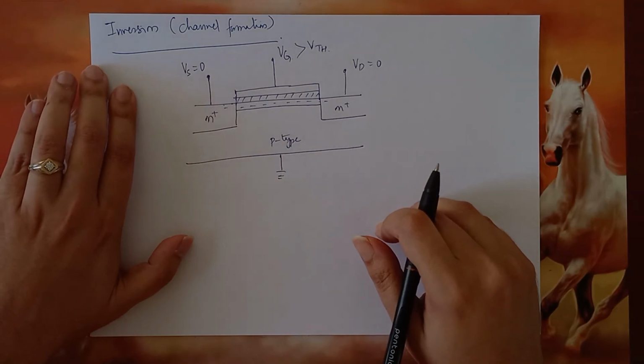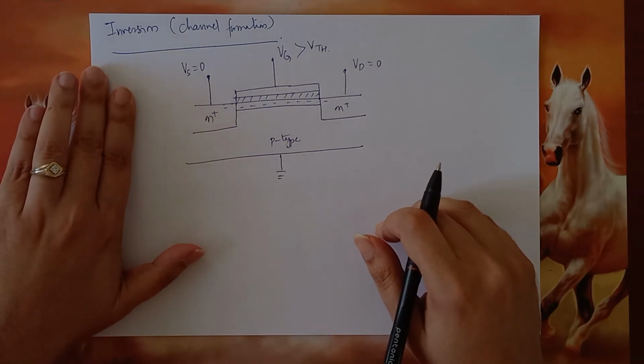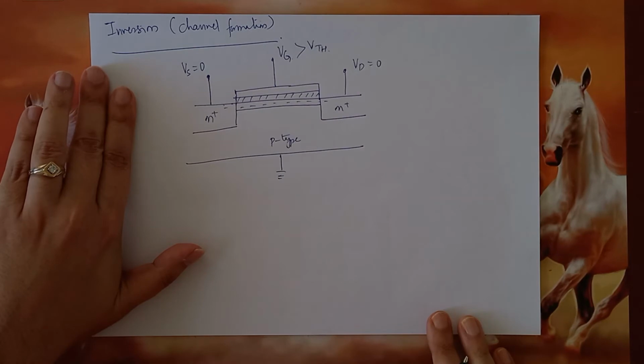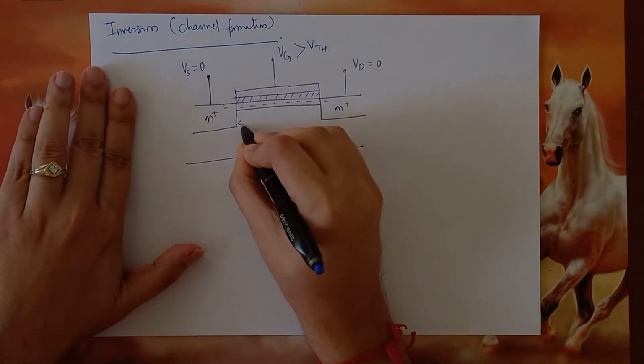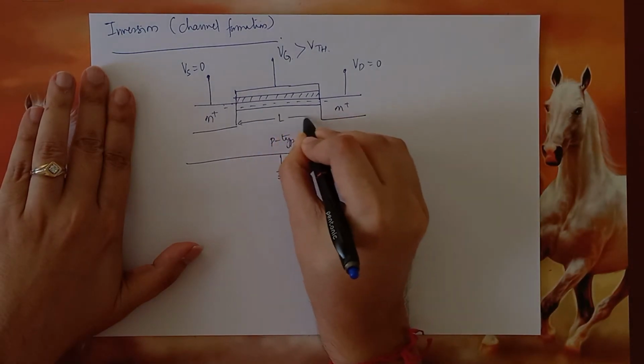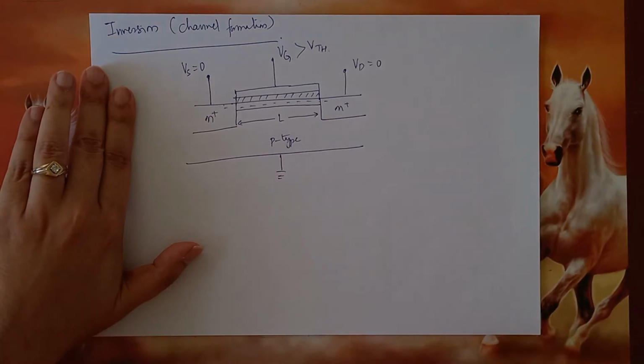Now, suppose we define that this is called L. So L is the channel length.